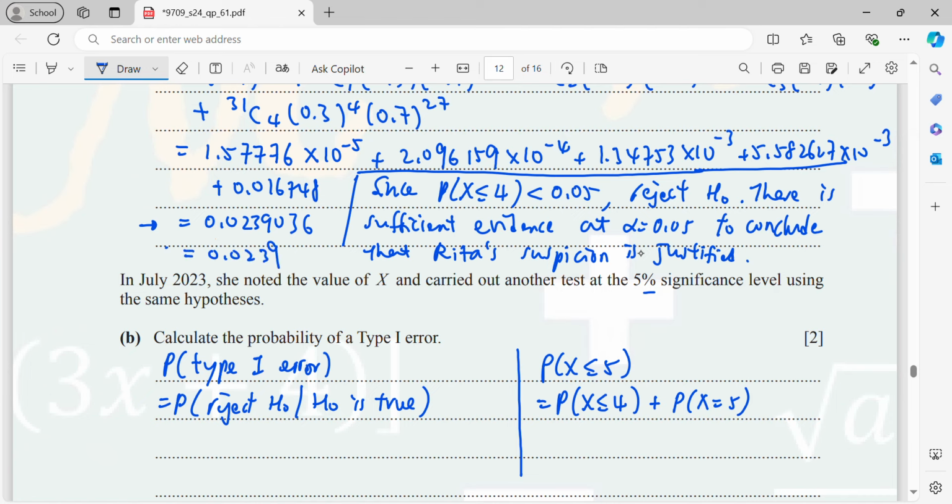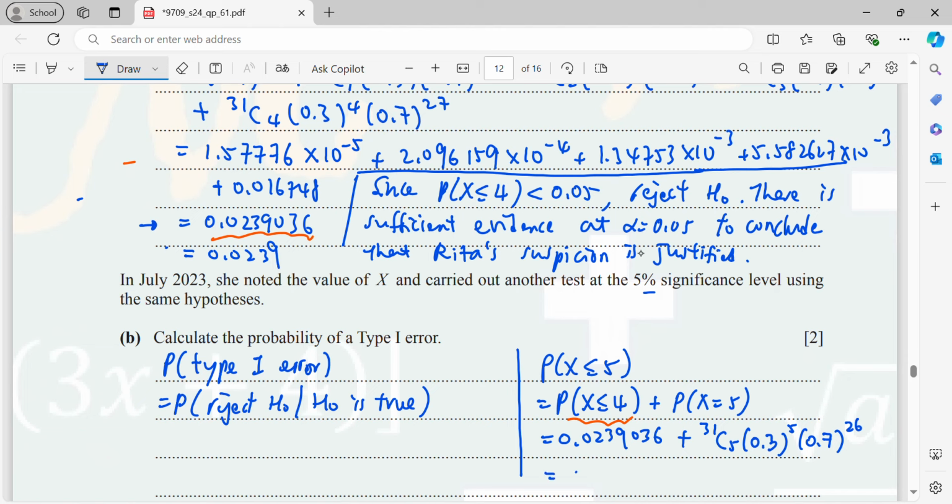So now I need this value here. Then it will be 0.023936 plus 31C5, 0.3 to the power 5, 0.7 to the power 26.